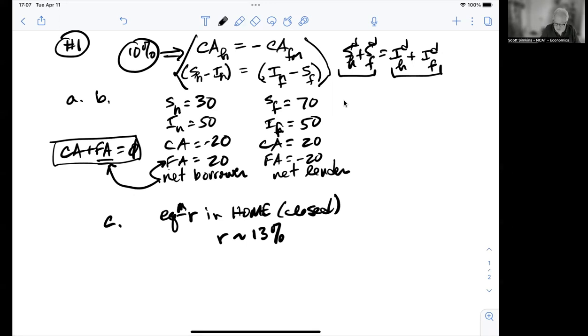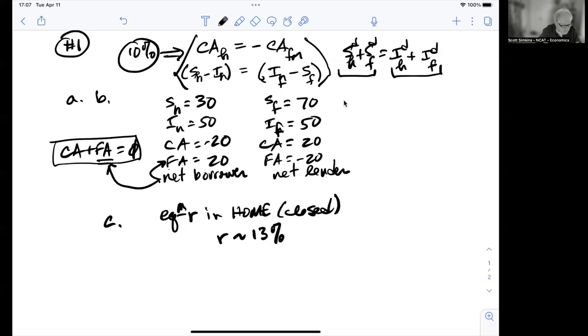If they become an open economy, they now have access to a surplus of saving in the foreign country, at a lower rate. The interest rate is lower in the other country. So the actual interest rate after trade in assets opens up, with lending and borrowing, is going to settle somewhere between there, in this case at 10%.